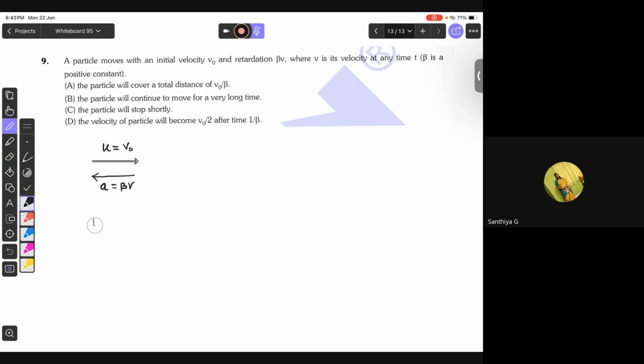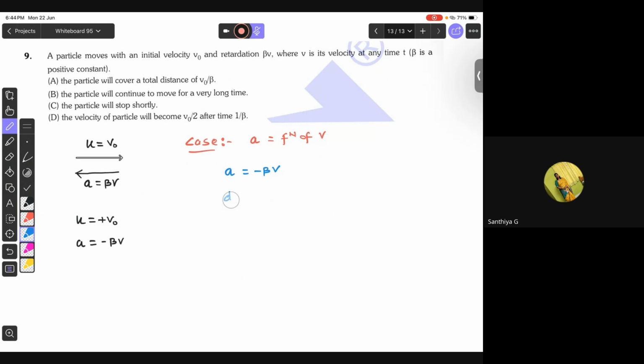So with sign convention, if I write initial velocity as plus v naught, then acceleration in the opposite direction is minus of beta v. So it is also a case where you know acceleration as a function of velocity. So what is the thing given? A is equal to minus beta into V.